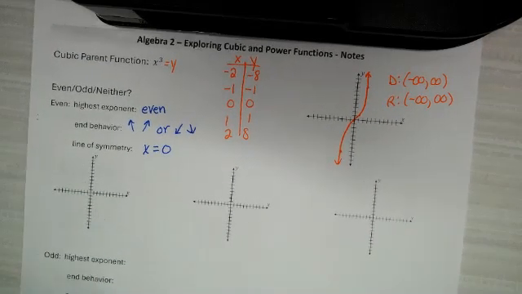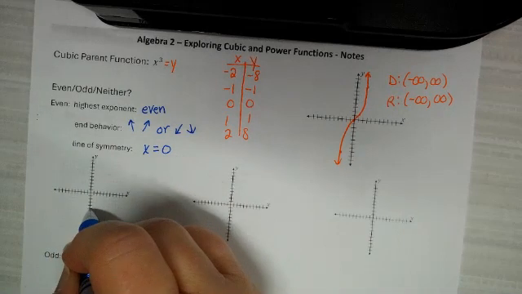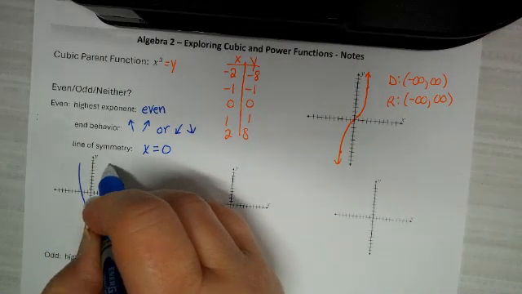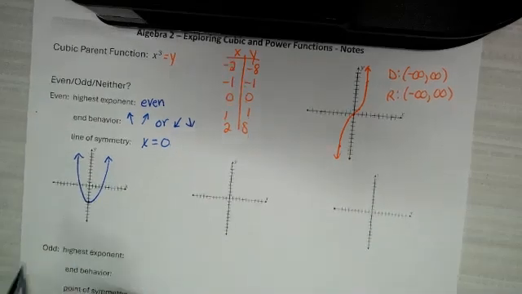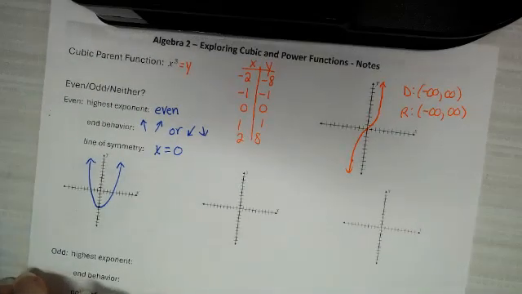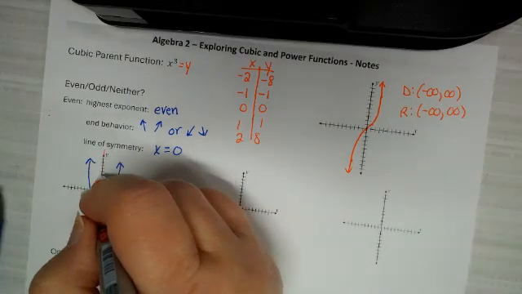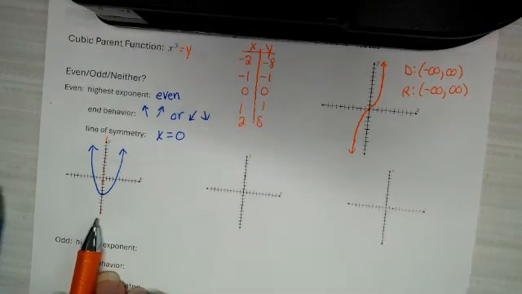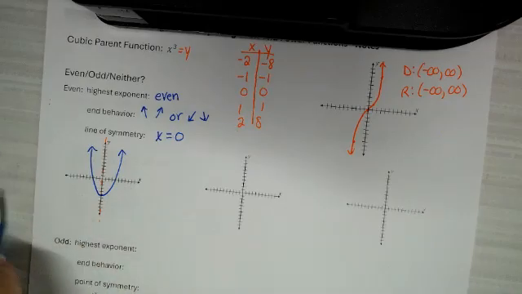So let's look at a couple of examples. Let's say we take a graph that looks like this one. Notice the ending arrows are both pointing the same direction. The line of symmetry is x equals 0. So this is an even function.